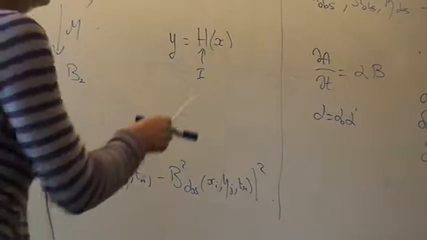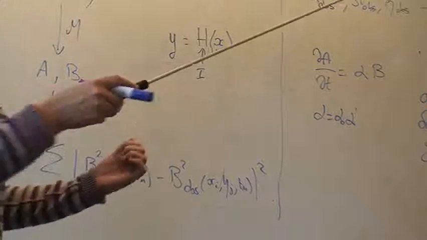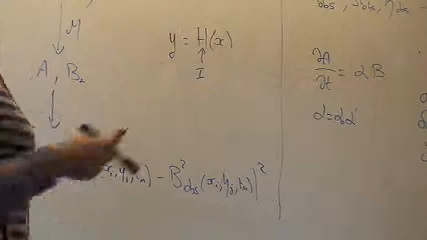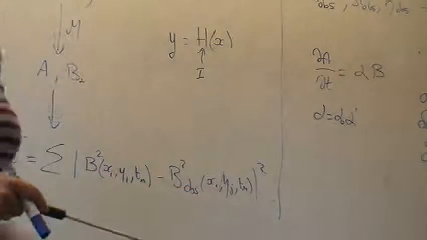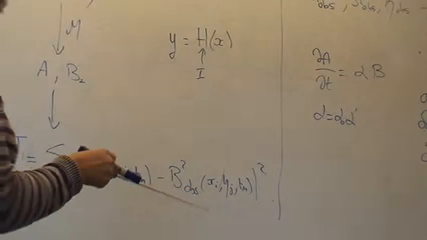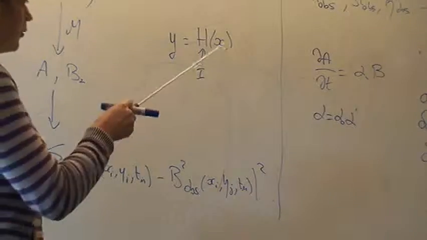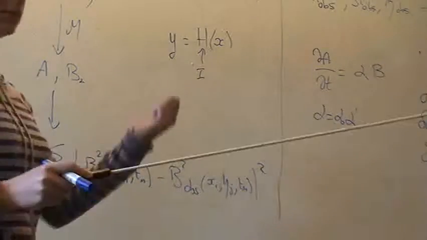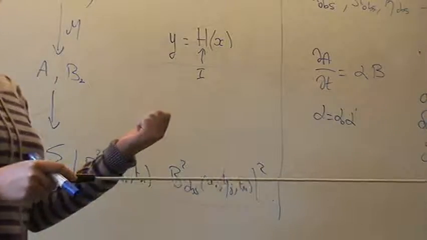H is just how you go from a point in the model to a point which is an observation. So at each point x, y, j, t, to get an observation, I take B at this point. So I think.